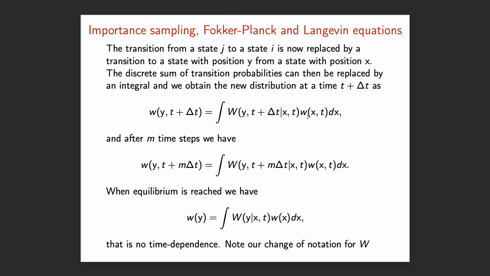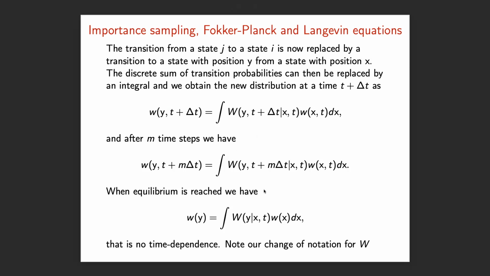So then you start with a probability distribution here, and then you have a transition probability, and that brings you over to the new probability of being in a state y at a time t plus delta t. So this is nothing but a continuous variant of the Markov chain, okay?